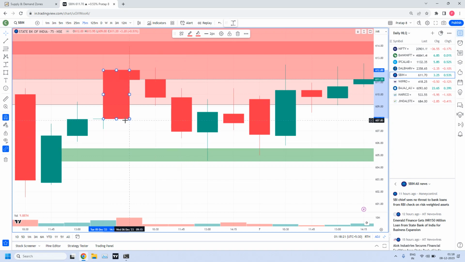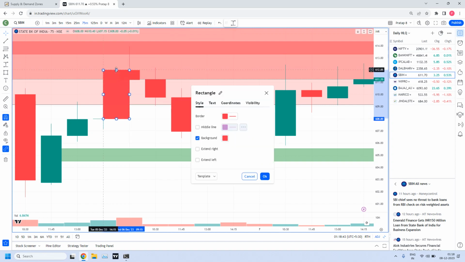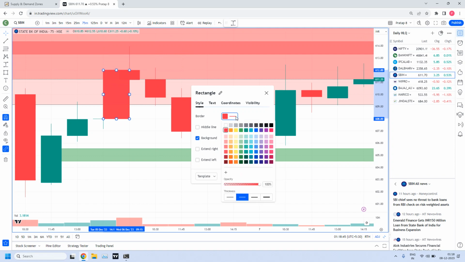It looks like drop, base, drop. Actually, it is not drop, base, drop. This looks like a rally because prices are moving up. I have to change the color of this candle, then you get better clarity.